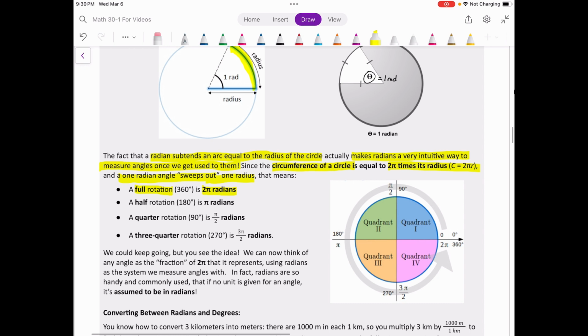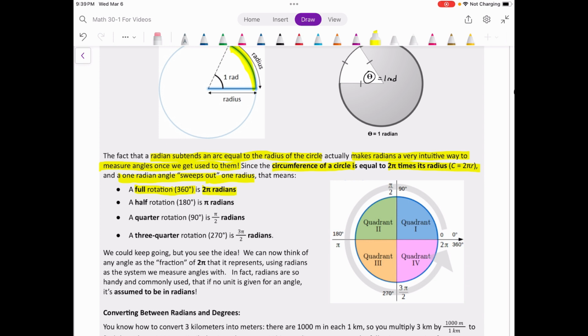So instead of saying 360 degrees, we could also say that a full circle is 2 pi radians, right? It's just like saying, instead of 5'10", you're 175 centimeters. Those mean the same thing, they're just being measured differently. So 360 degrees is a full circle, or 2 pi radians.